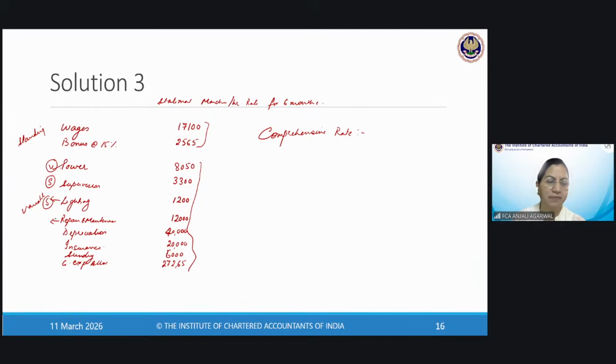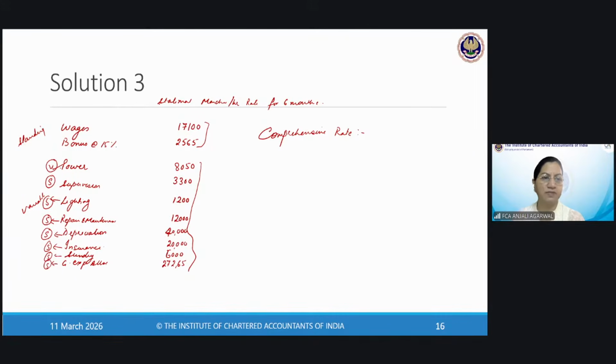Repairs and maintenance can be taken as variable or standing, but here as it is mentioned as 3%, it is standing. Depreciation is also 10% of the value of machines. So in this case, it is standing. However, if depreciation was given as 5 rupee per hour of machine running, then it would become variable. Insurances are standing, sundry expenses are standing, general expenses allocation is standing.